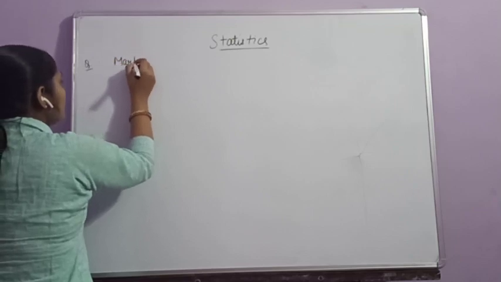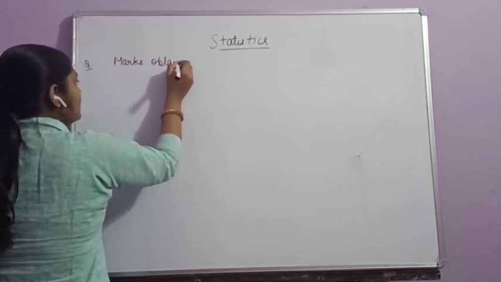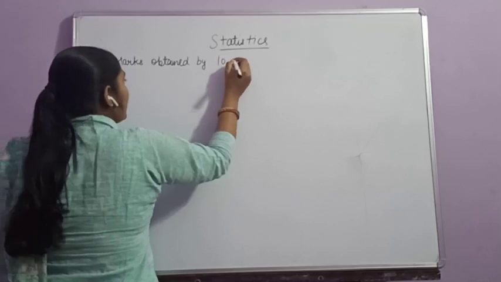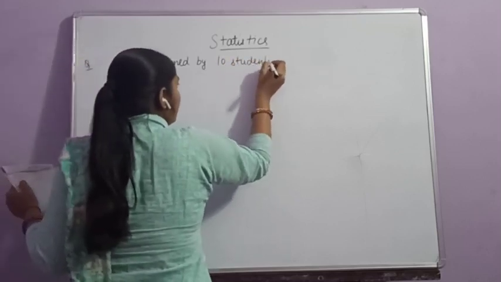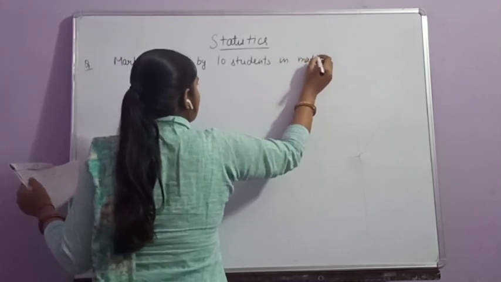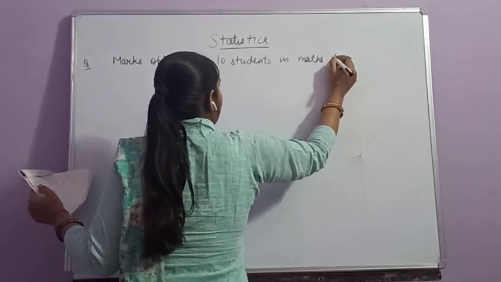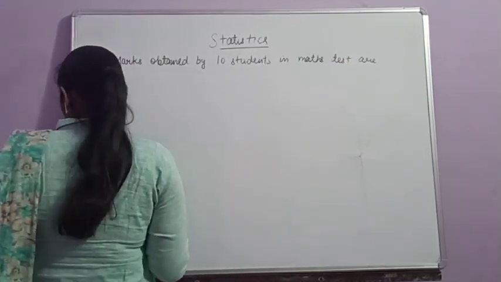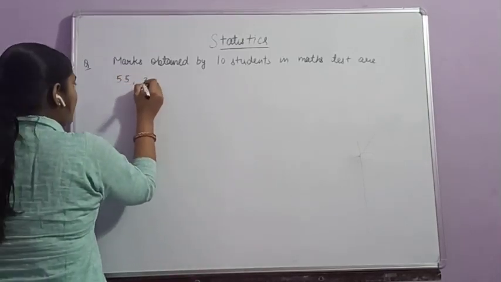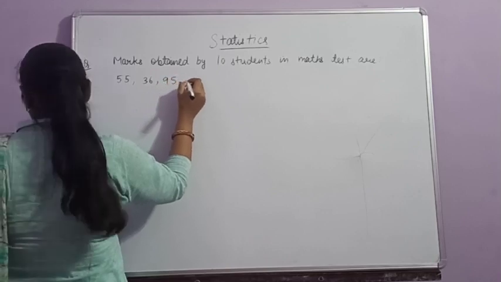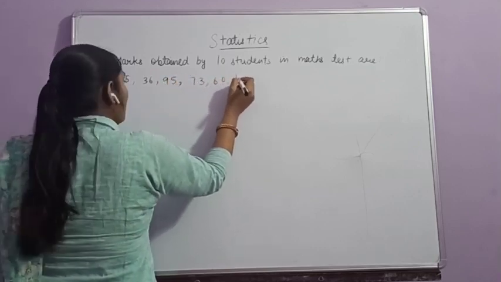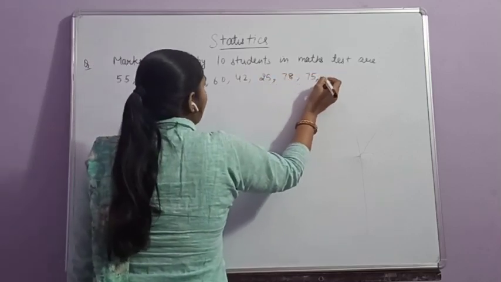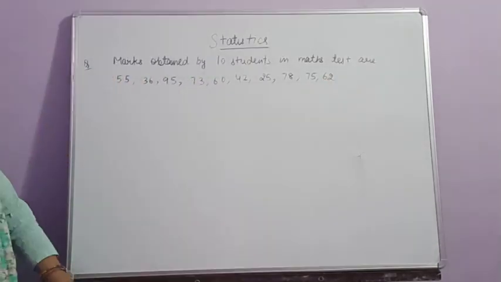Marks obtained by 10 students in maths test are 55, 36, 95, 73, 60, 42, 25, 78, 75 and 60. We have to find out its range.